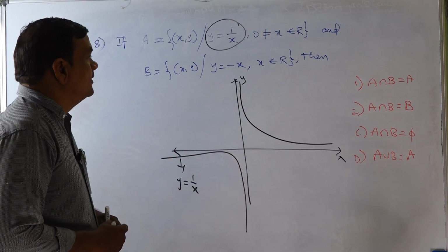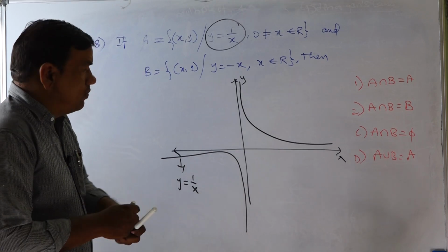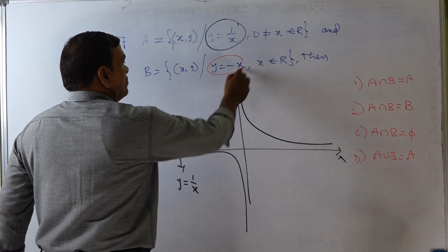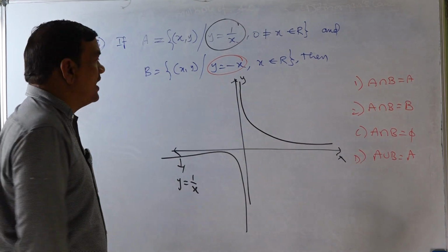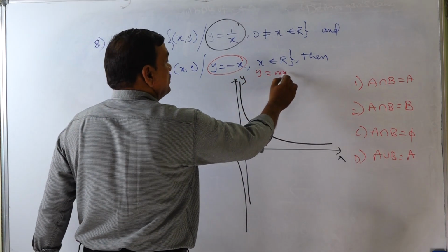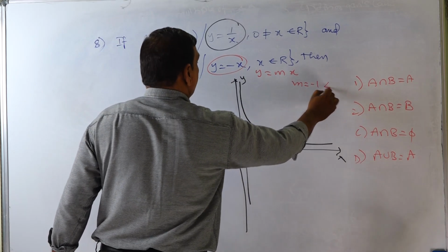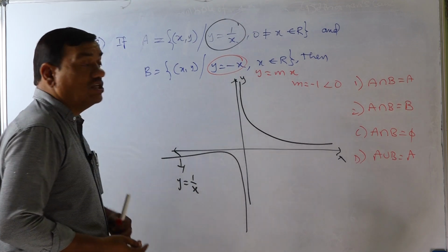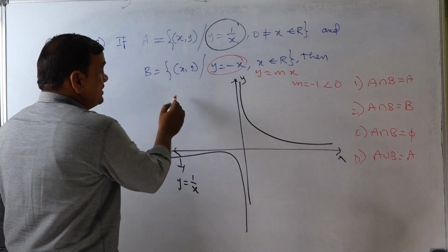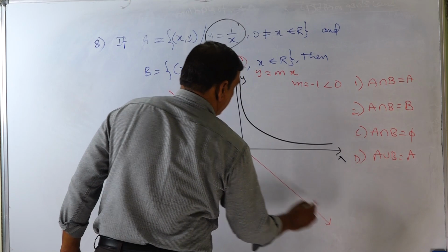Okay, right. What about the graph of y is equal to minus x? Y is equal to minus x graph is a straight line passing through origin, and if you observe here, this is y is equal to mx form, where m is equal to minus 1, which is less than 0. That is, the line makes an angle of 135 degrees.